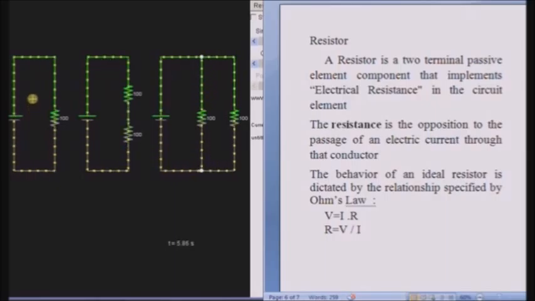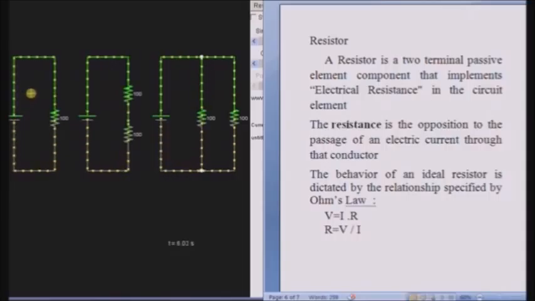Then I equals V by R, 5 by 100 equals 50 milliamps. That is the current flowing from the positive terminal of the voltage source towards the negative terminal.